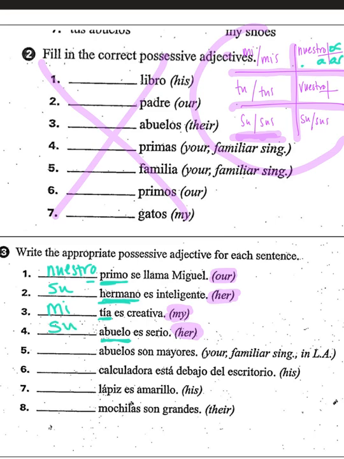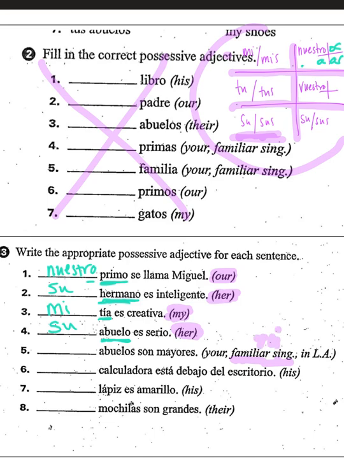Alright, and again, these ones always look a little bit goofy where it says familiar, singular, Latin America. That's telling you familiar, friends, singular. That's telling you one person, like you, right? So that's going to be 2.